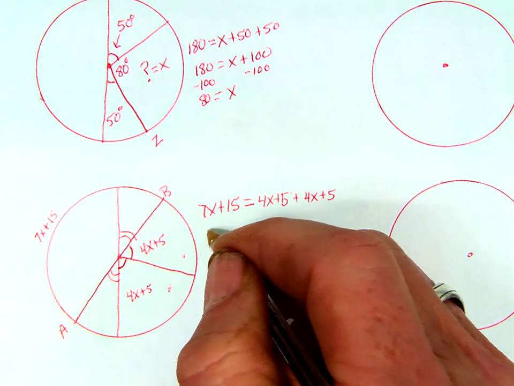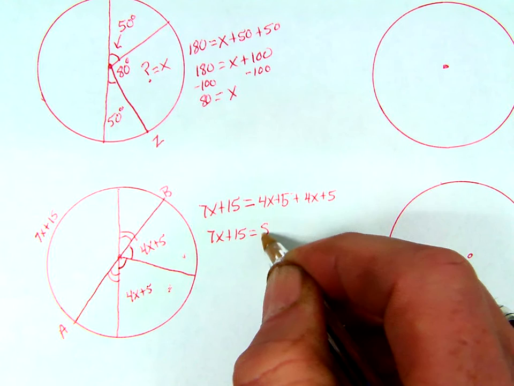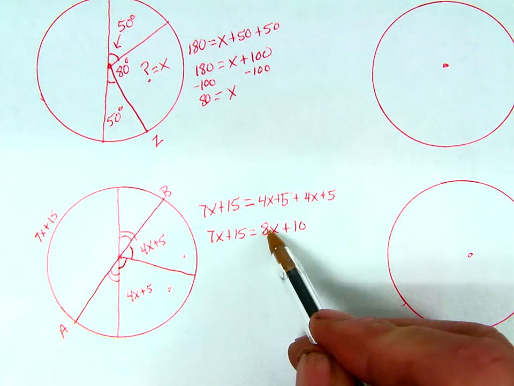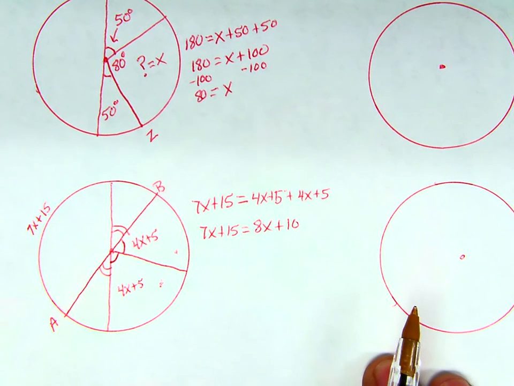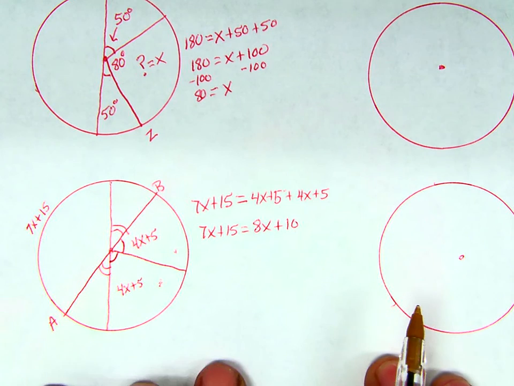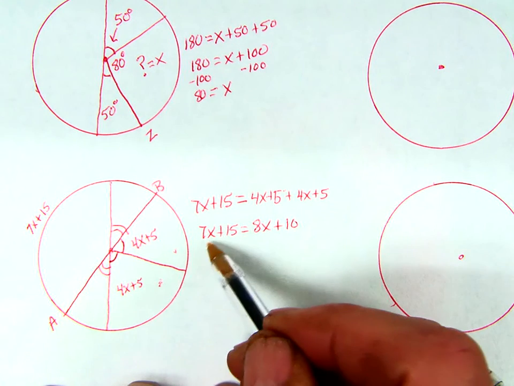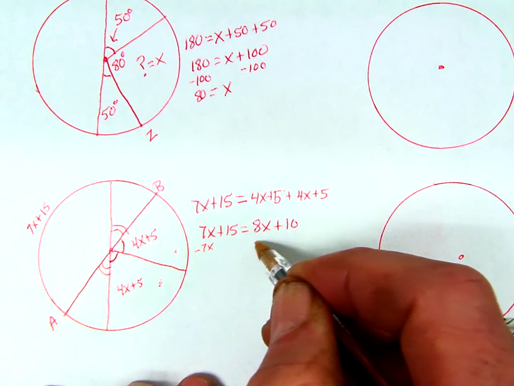So simplify a little bit. 7x plus 15 equals 8x plus 10. Add the x's together, add the 5's together. Now we're ready to solve. Move all the x's to the same side. Here's the most x's, so move these over here. Minus 7x, minus 7x.